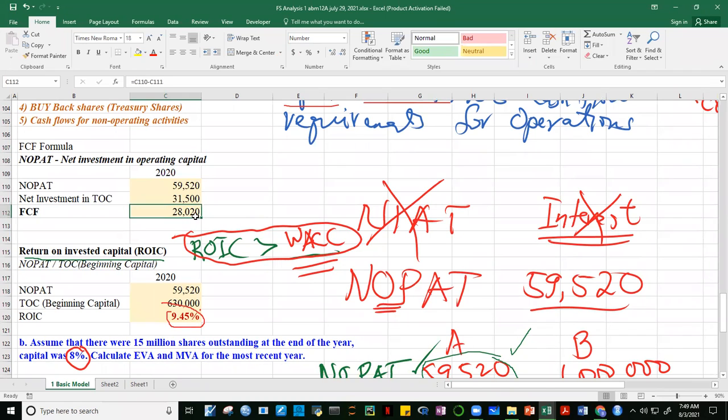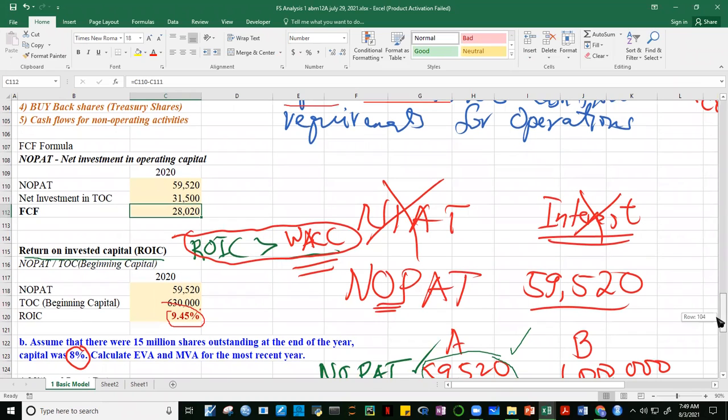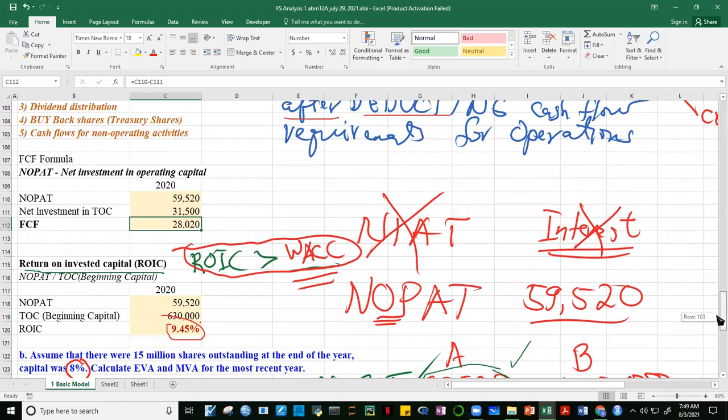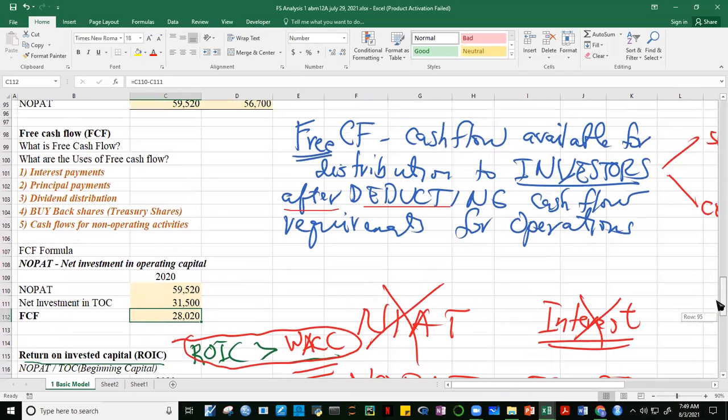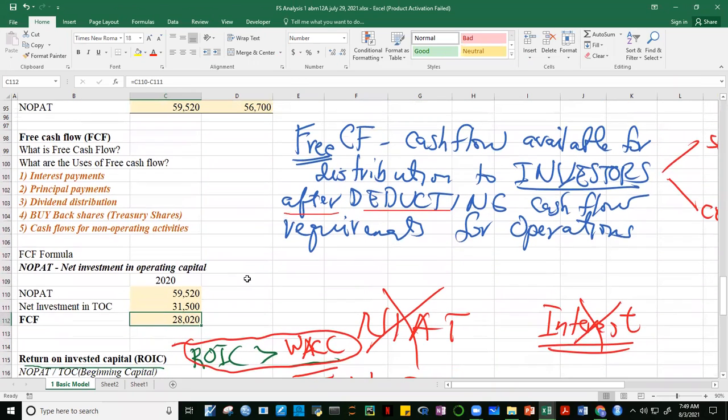Okay? Now, marami pang ibang gamit itong free cash flow. This is used in particular for estimating the stock price of the company. Now, in a practical sense, yung free cash flow ginagamit para sa these things, no? Which we mentioned are for the investors.